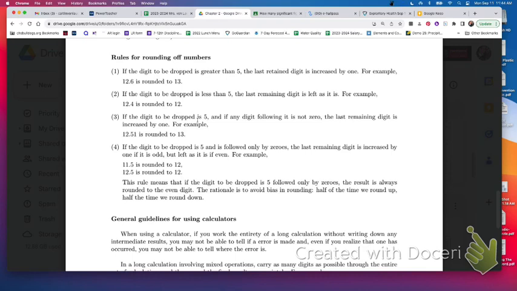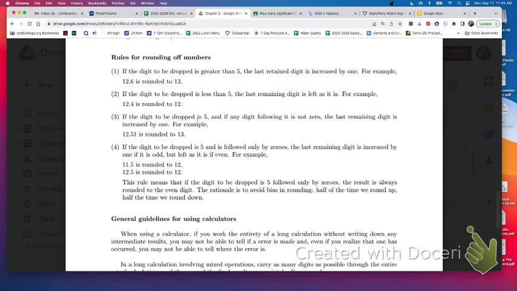If the digit to be dropped is 5 and it's followed only by zeros, the last remaining digit is increased by 1 if it's odd, but left as is if it is even. Okay? So, 11.5. We are dropping the 5, and the only numbers that come after the 5 are zeros, or they've not written any numbers, and so we are assuming they are zeros.